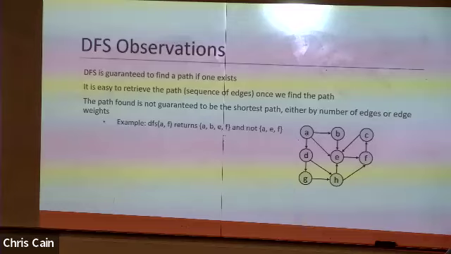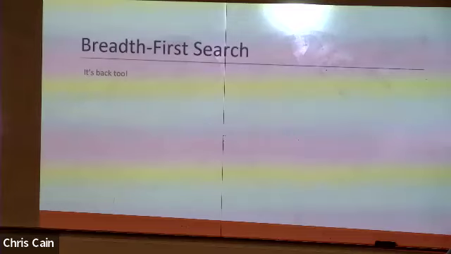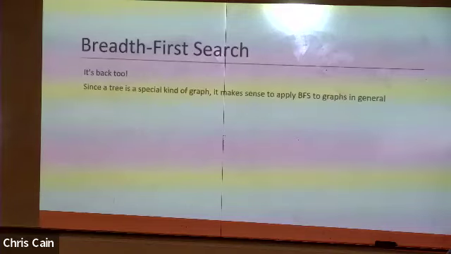All right, let's go back to our good old friend breadth first search. Just like with depth first search, we can apply breadth first search to graphs in general. So let's talk about what was breadth first search for trees, and what were the pros and cons of breadth first search?